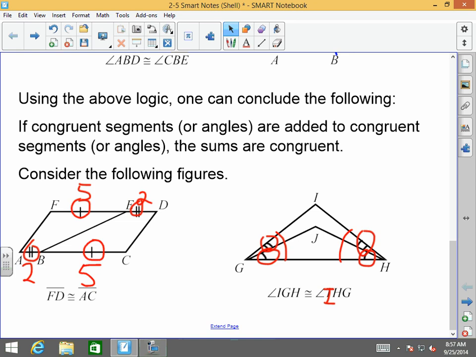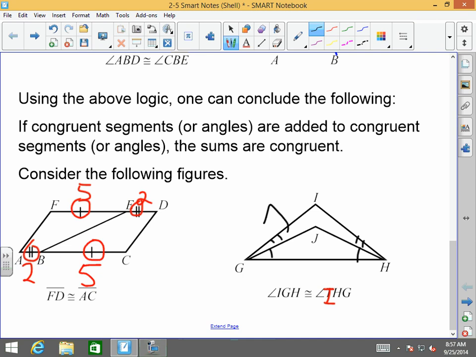Let's think about this. Okay, look at my figure up here. I told you that this angle is congruent to this angle, and this angle is congruent to this angle. So isn't this angle right here I, G, J? Isn't this angle here I, H, J?